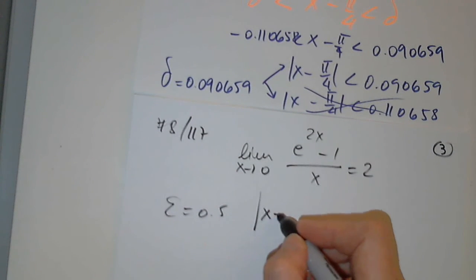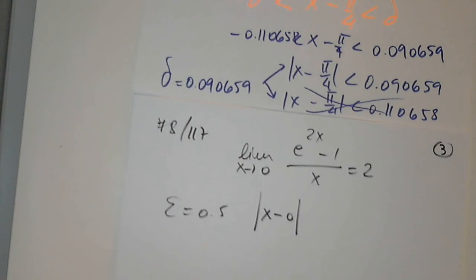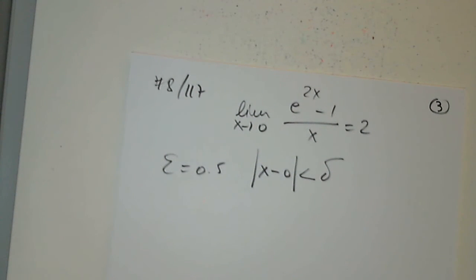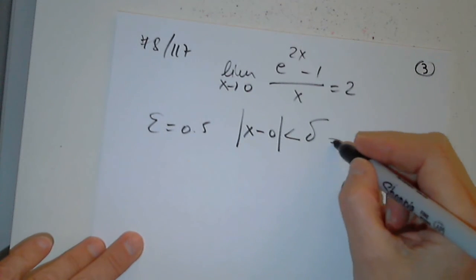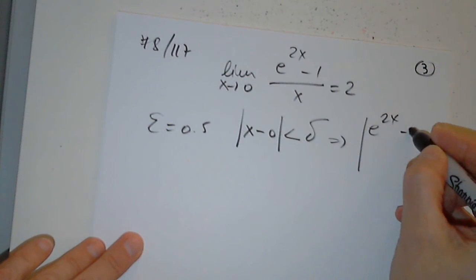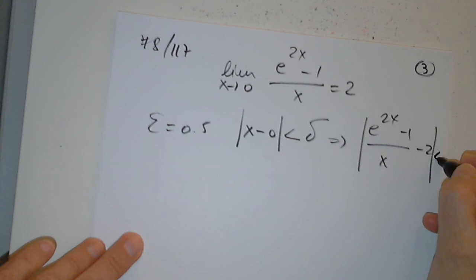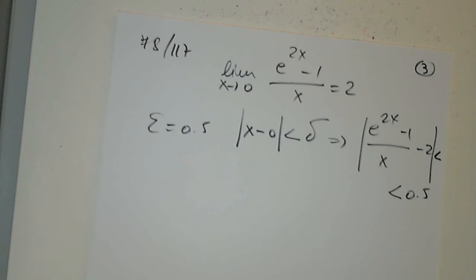So then the absolute value of x minus 0 is less than delta whenever we have the absolute value of e to the 2x minus 1 over x, minus 2, less than 0.5. So we start from this side.